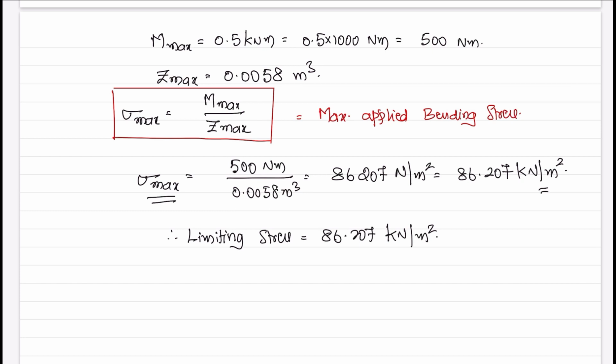Now we have to find out the load that can be applied on the cantilever beam. That we will do in the next lecture. With this, today I want to conclude this lecture.